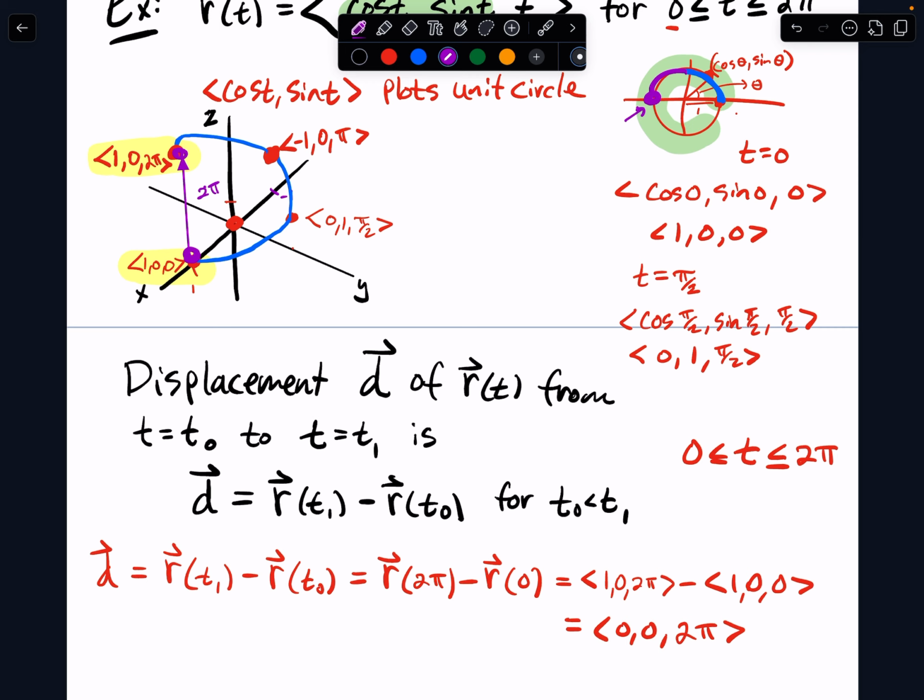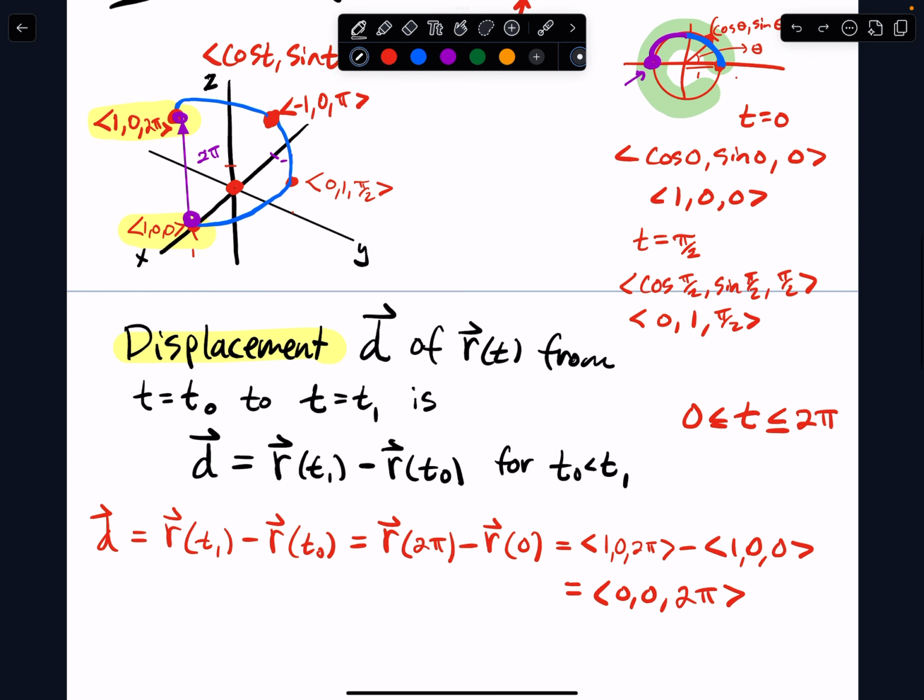But remember, displacement is different than how far we travel, because how far we traveled was a lot longer than 2 pi units, wasn't it? We traveled starting here and made our way around a circle, not a sphere, sorry, up to that point right there. That's a different length than just going straight up. It's like walking up a spiral staircase versus going up an elevator. Those are two different distances traveled.